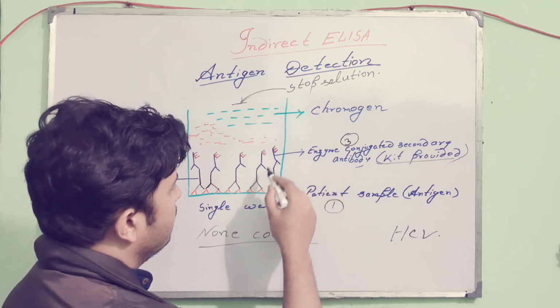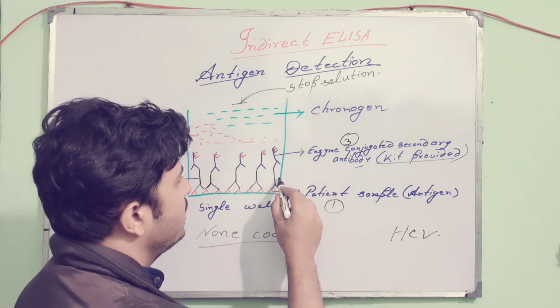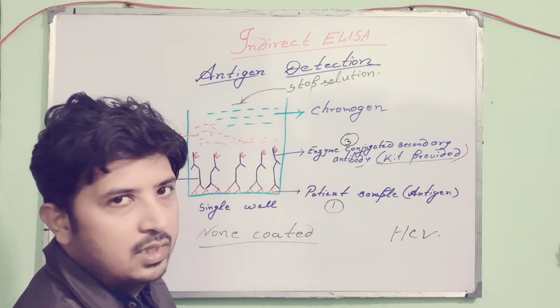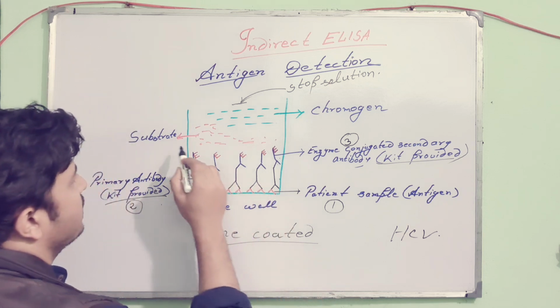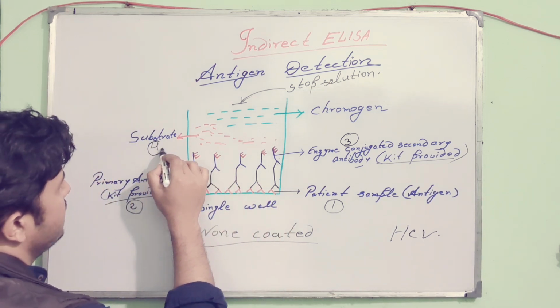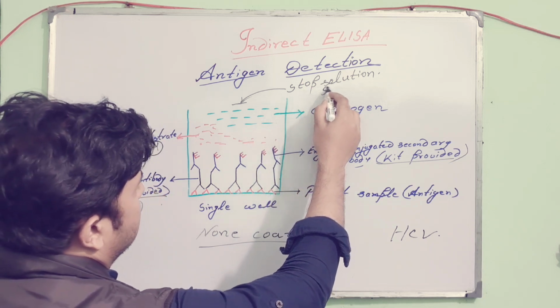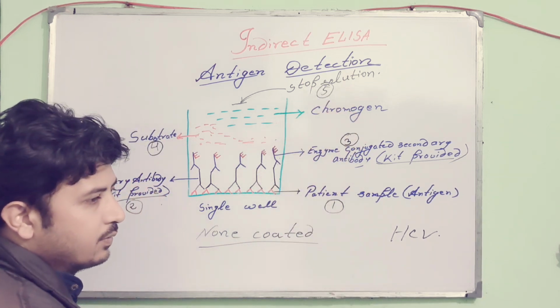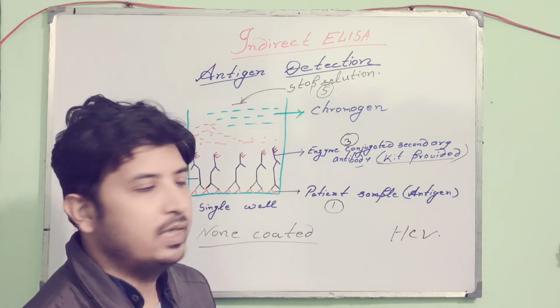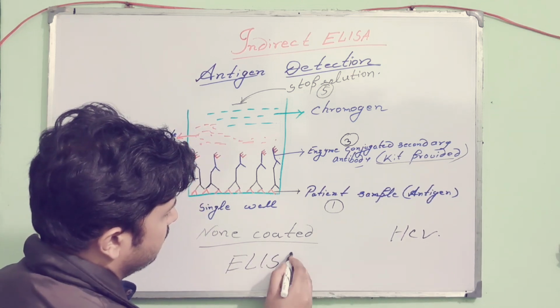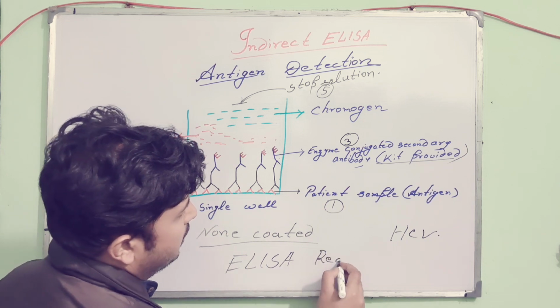Now we have the triple layer complex of antigen, antibody, antibody: two antibodies, one antigen, a three-layer complex. Then you add the substrate as the fourth step. It will produce a chromogen, and the fifth step is the stop solution. Then you will go for the ELISA reader and measure the ODs.